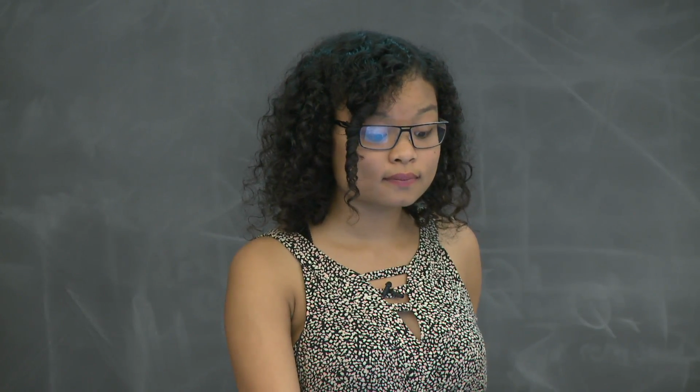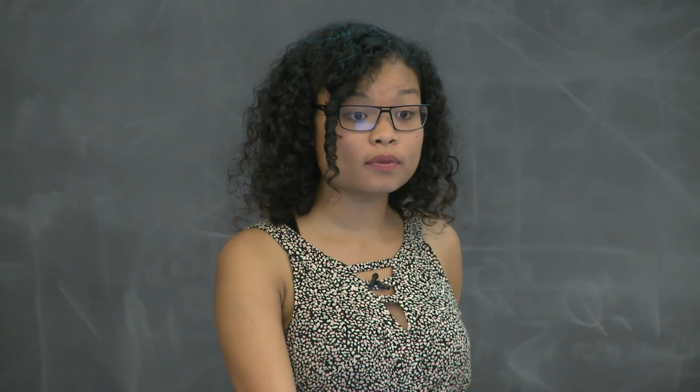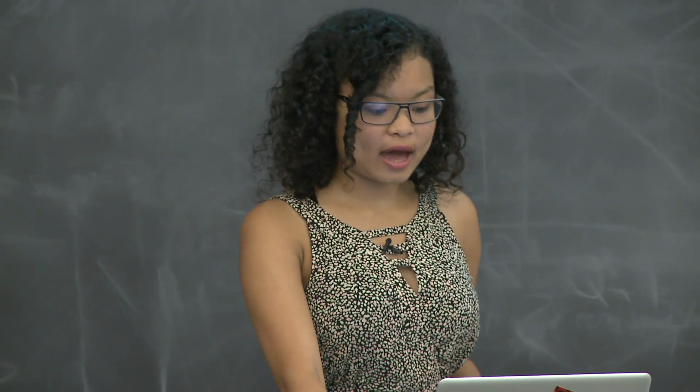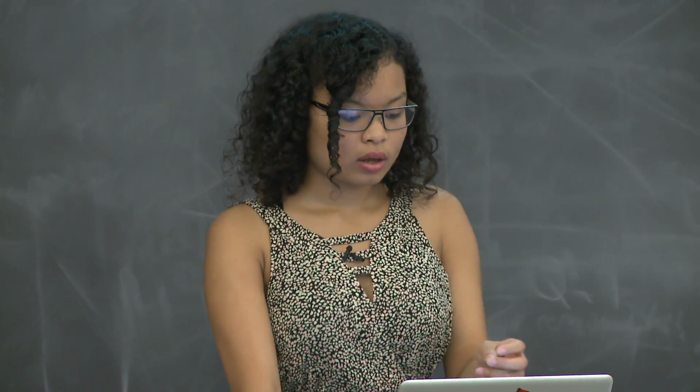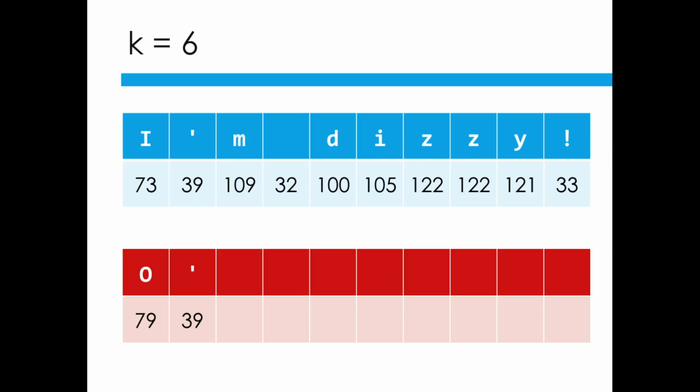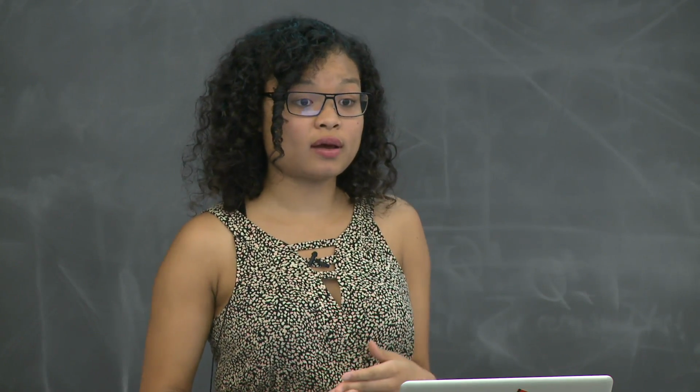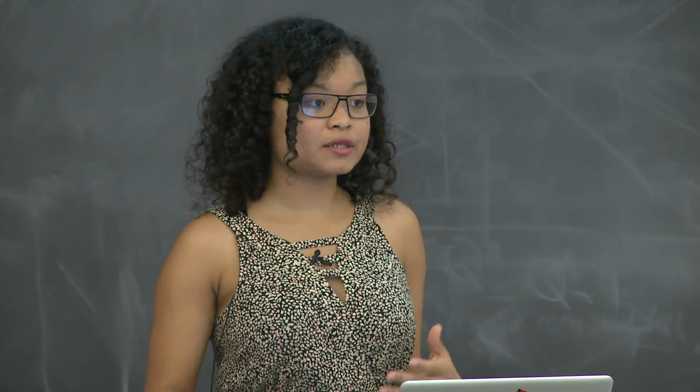Sorry, can you just explain those a little more? Yeah. How you use them? Yeah, for sure. Okay, so if we look back, here we have a capital I, right? We want to make sure that we know that I goes to O because I plus 6 is O, but we want to make sure that that O is going to be a capital O. So that's going to change our input, right?